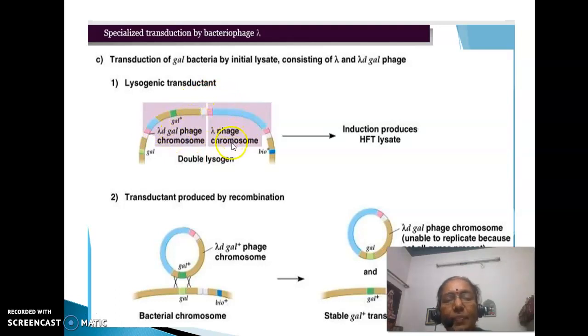When such things happen, that goes with a high frequency of transduction. So such lysates, I call it high frequency of transduction. In the second one, the GAL marker is the transductant. When it injects into the recipient cell, there will be crossing over. So exchange of the GAL+ marker with GAL- will result, and that's how a stable transduction happens.